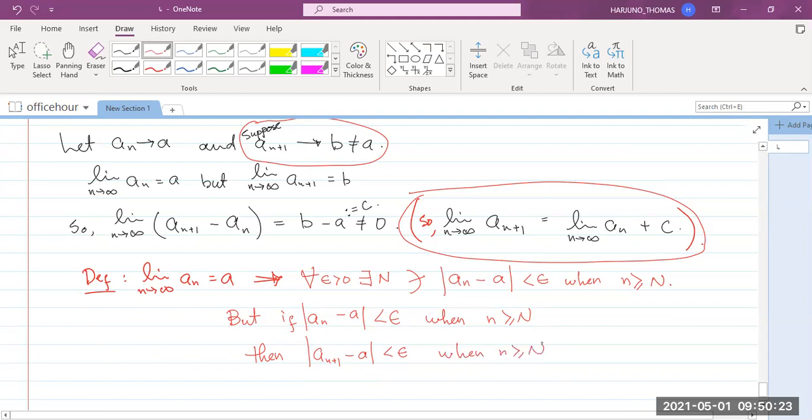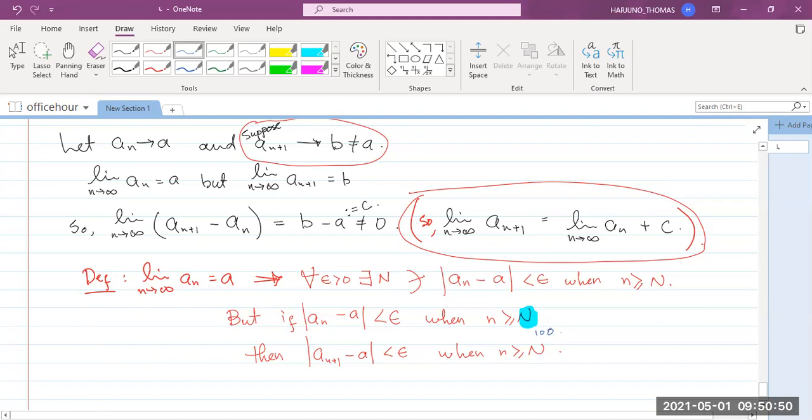Right? Because let's say n is the 100th term. Let's say this is 100 for the sake of being discrete.